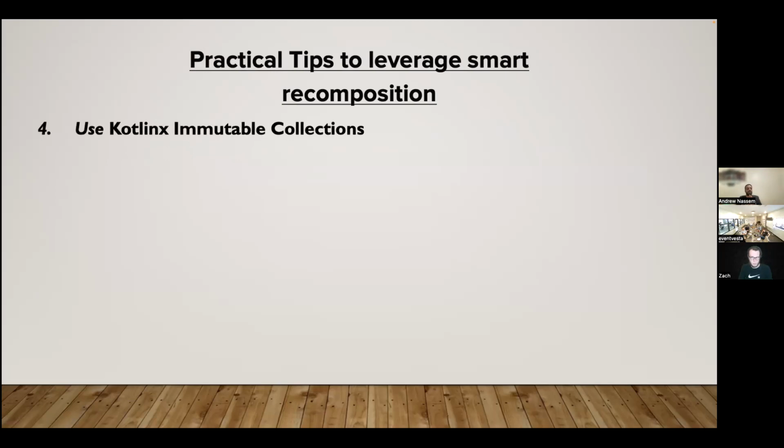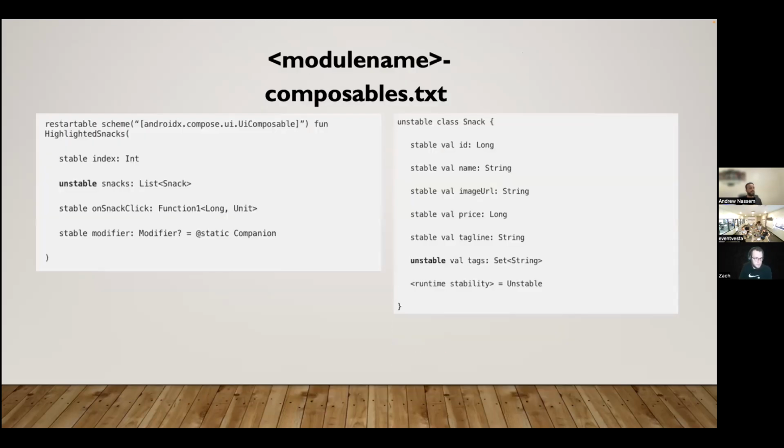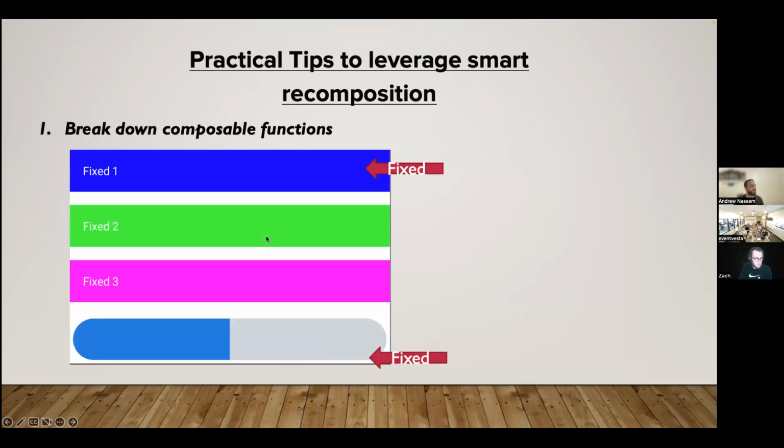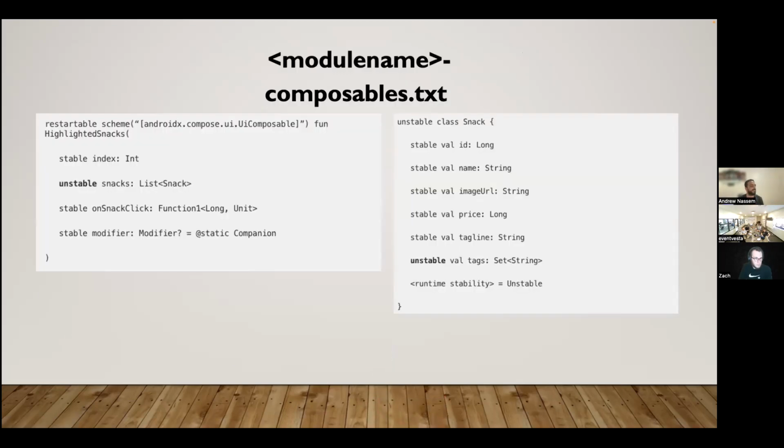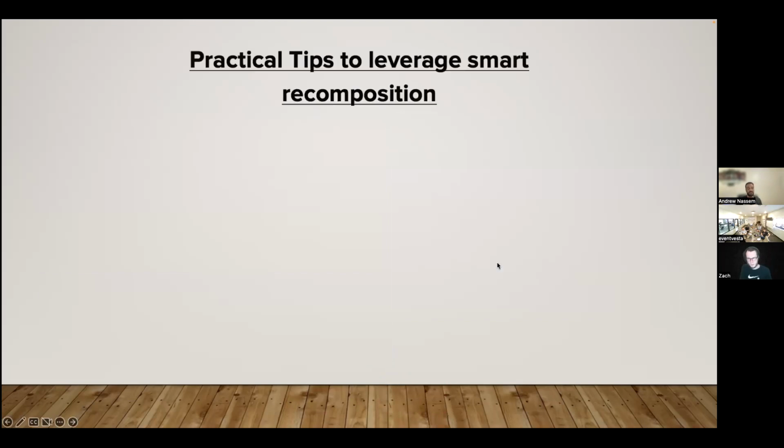The next one, which I hate, but unfortunately, this is really one of the important things that I faced personally, is to use Kotlinx immutable collections. If we go back here, I told you that this function is unstable because list is unstable, set is unstable.